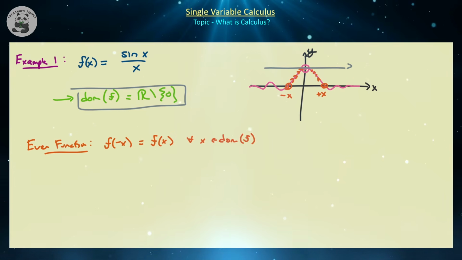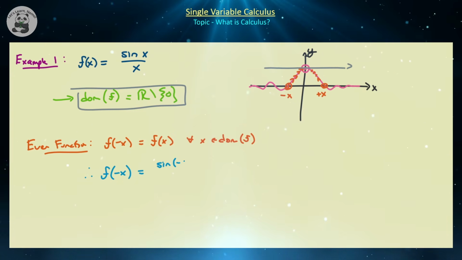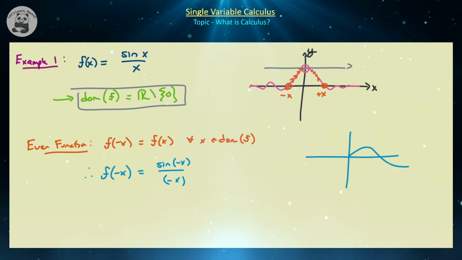If we use this function as a guiding example and evaluate it at minus x, what will we get? That's just going to be equal to the sine of minus x divided by minus x. You should know that the sine of x is an odd function. If we choose a minus x value and get a y value, and choose its opposite correspondent in its domain, the y value is going to be the opposite.